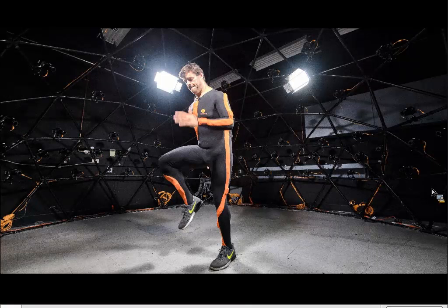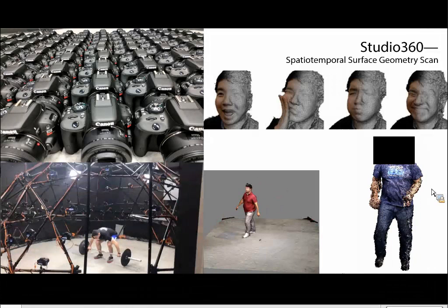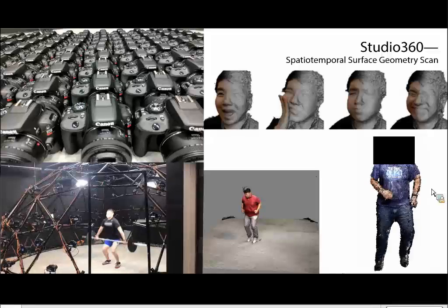Now, to expand this research, we've been investing our time and effort in creating this camera imaging studio, which is comprised of 100 DSLR cameras that are all connected and centrally controlled by a computer. Using this system, we can record videos and take photographs from different directions.